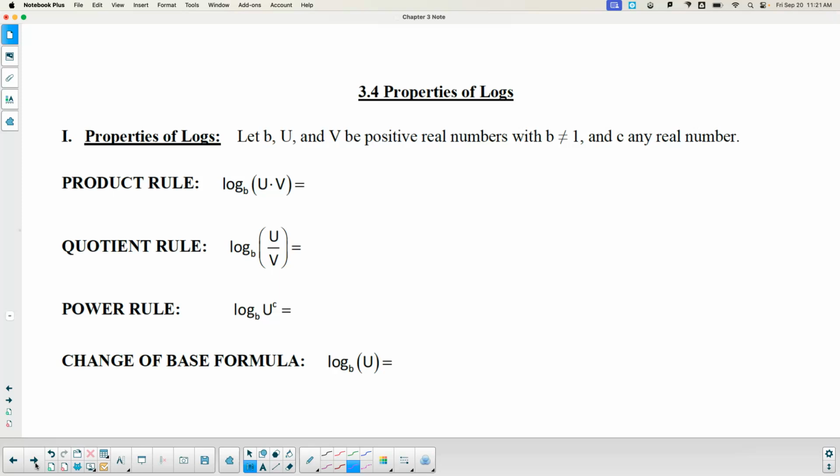And then that would give me the log base b of u plus log base b of v. Again, works both ways. So if we're solving a problem and we have 2 logs on the same side that we're adding together, we can condense them down into 1, provided that they have the same base. These properties do not apply if we have logs of different bases.